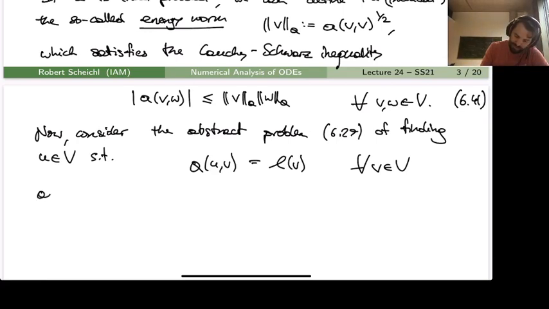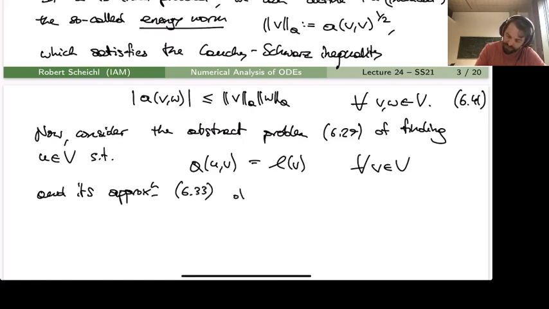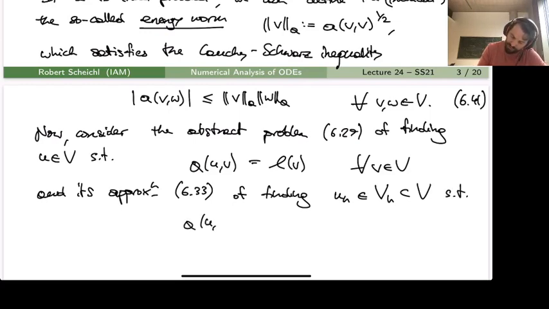And in addition, we also consider again the approximation 6.33, of finding U_H in some subspace V_H of V such that A(U_H,V_H) equals L(V_H).